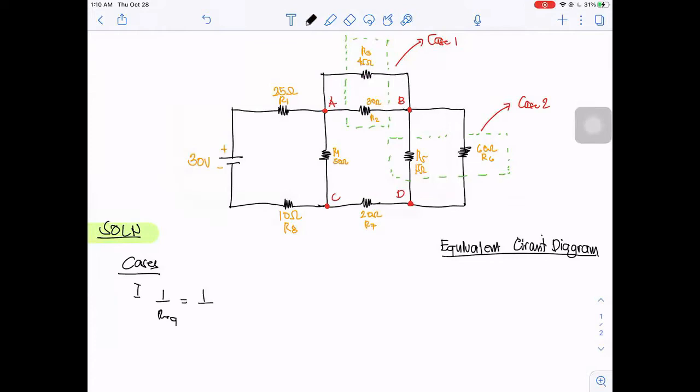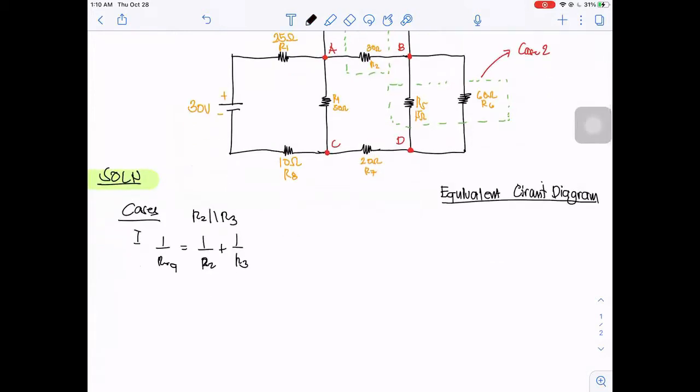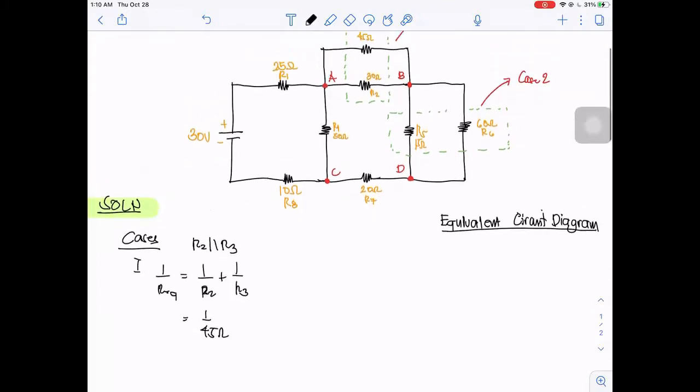1 over R2 plus 1 over R3. So this is R2 parallel R3. So we have 1 over 45 ohms. As you can see, R2 is 45 ohms, plus R3, we have 1 over 30 ohms, all to the negative 1.